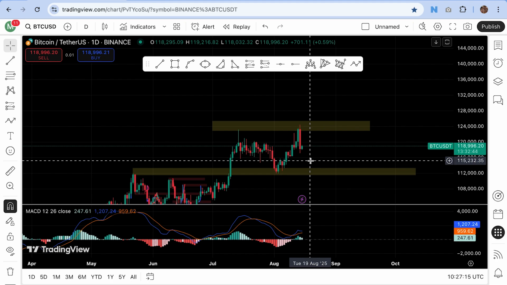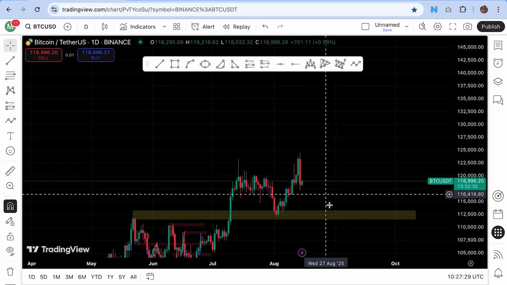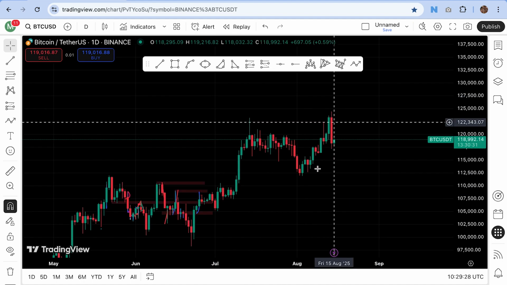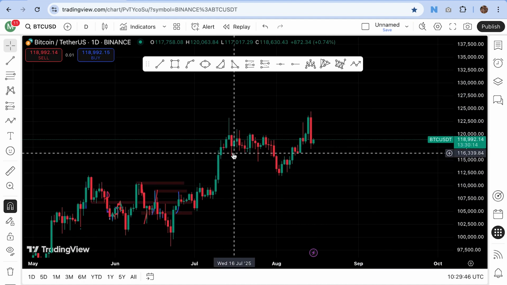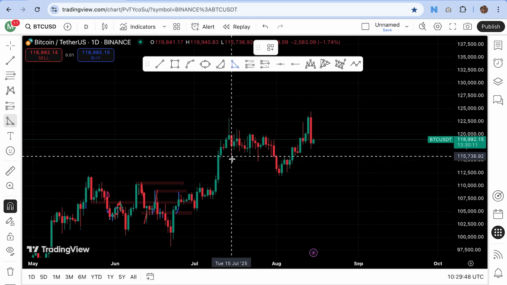Now I will try to analyze in my own way and explain a few things to you. First, if we look at this whole area, especially this section, I can see a triangle forming here.